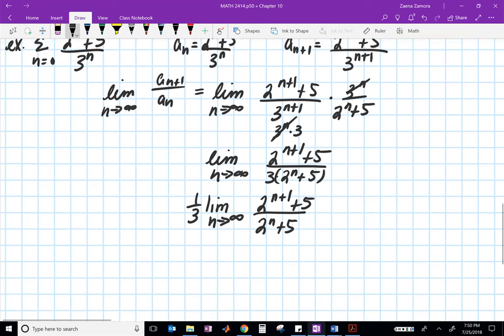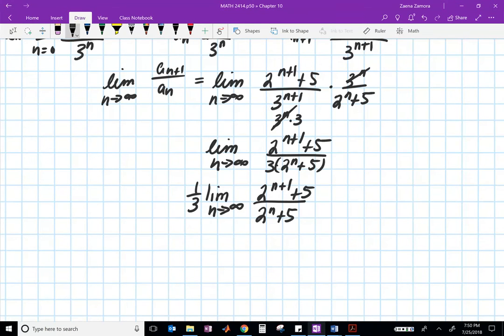If I take the limit here as n goes to infinity, what am I going to get on top? Infinity, right? And then divided by infinity. I could use L'Hopital's rule, but it's going to get annoying to have to deal with this right here.